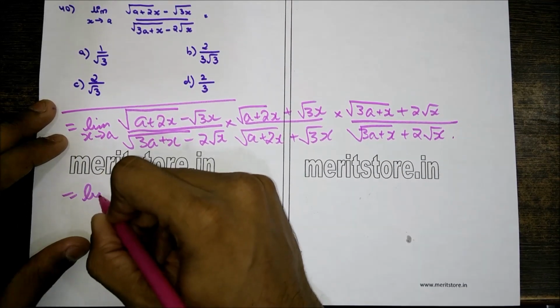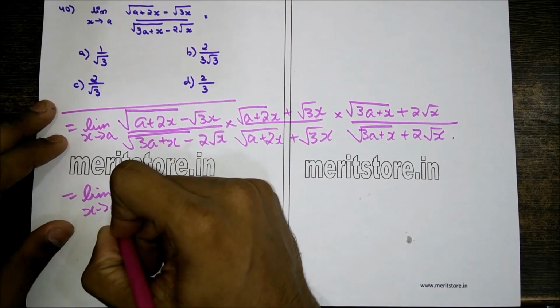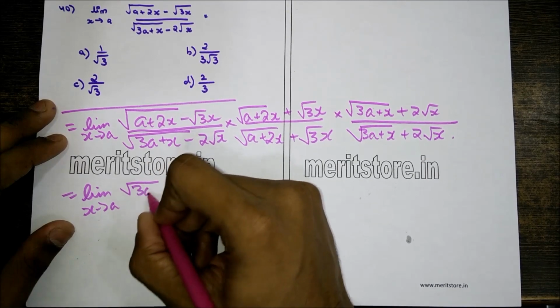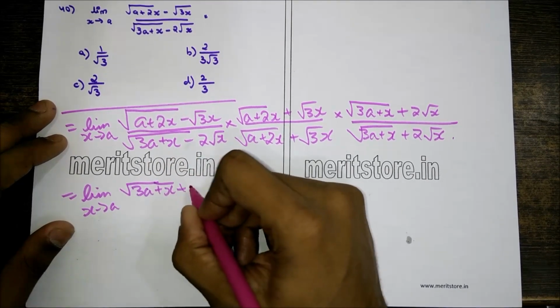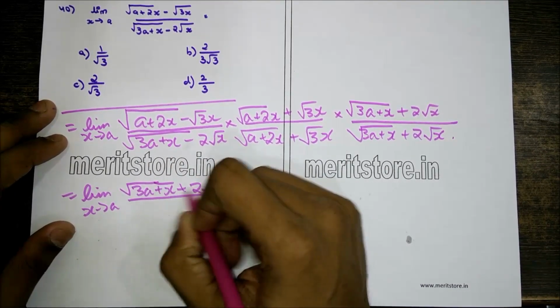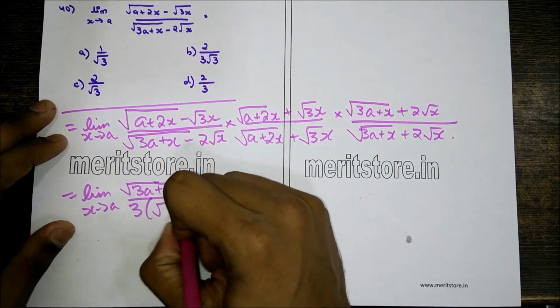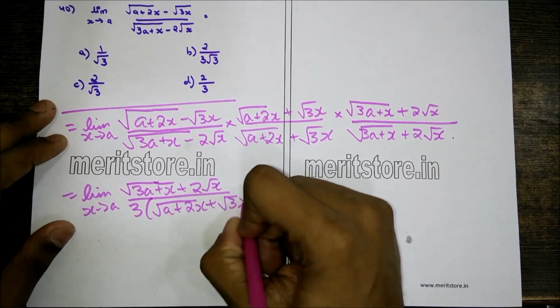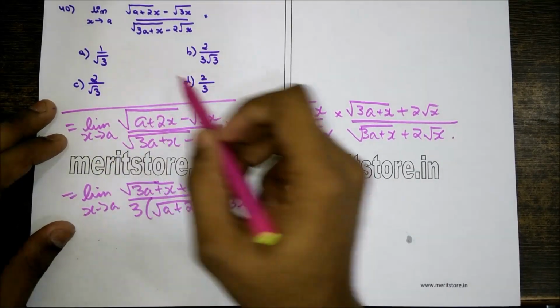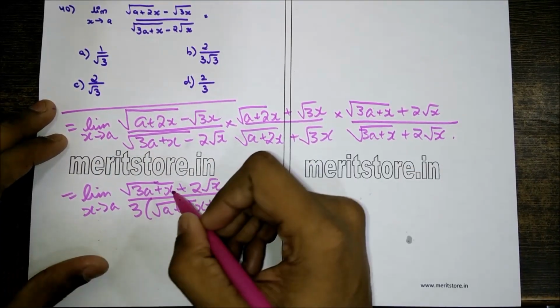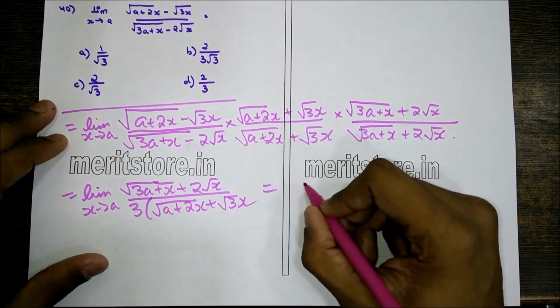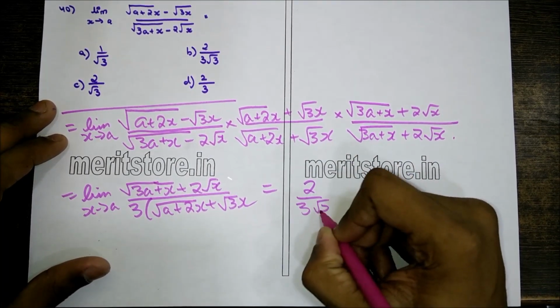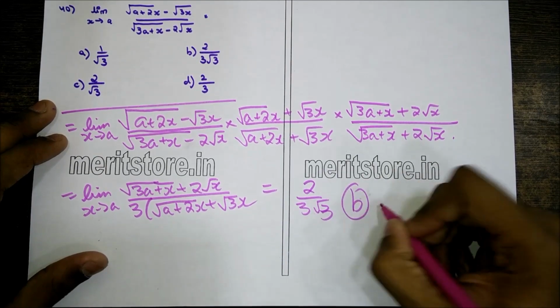That gives limit of x tends to a of (3a plus x plus 2 root x) upon 3 into (root of (a plus 2x) plus root 3x). And now we can apply the limit of x tends to a, replacing x by a, giving us 2 by 3 root 3, which is option B.